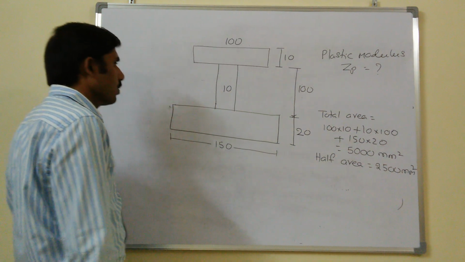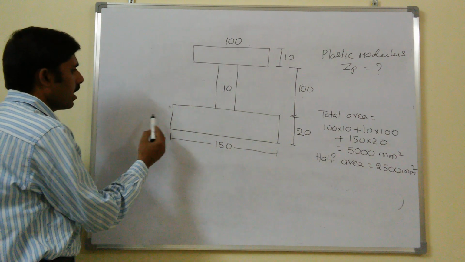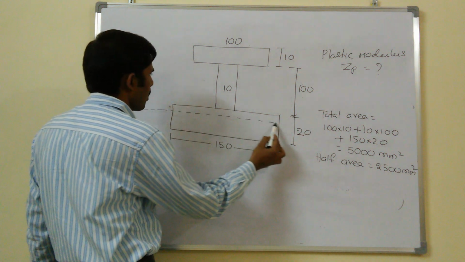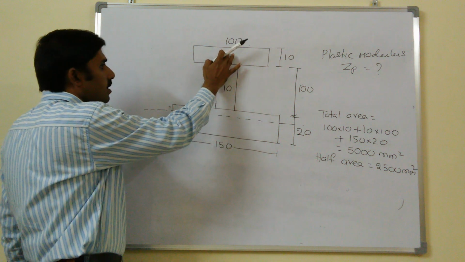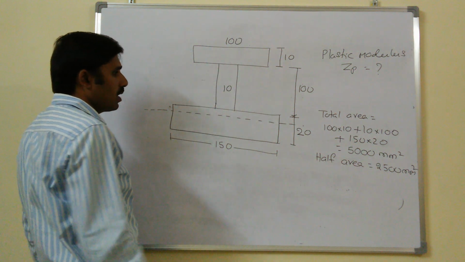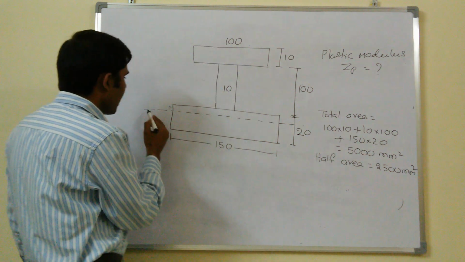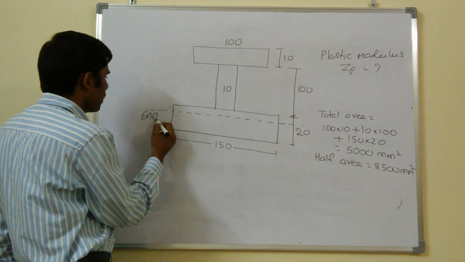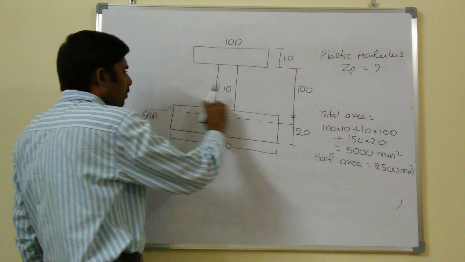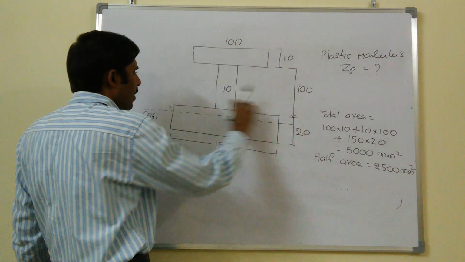So clearly you can tell that the equal area axis will be in the bottom flange, because this is 1000 only, this is 1000, together 2000 only, but we want the area above the equal area axis to be 2500. That means we need to get this as 500.